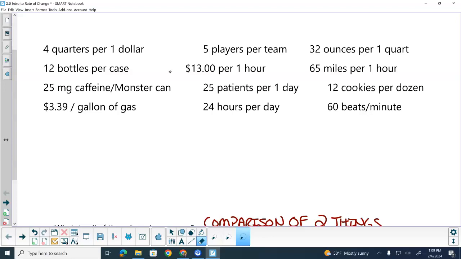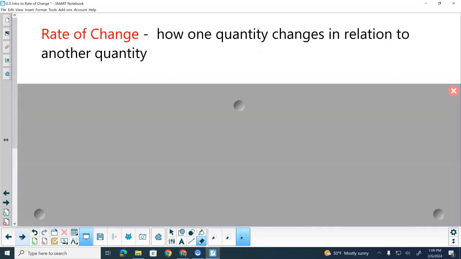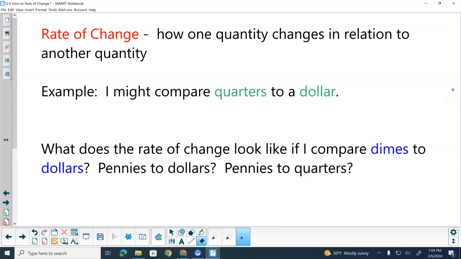Patients per day, cookies per dozen, dollars per gallon, and so on and so forth. All comparing two things. So first example, just off on the side for right now, if you don't want to write this down, you don't have to.